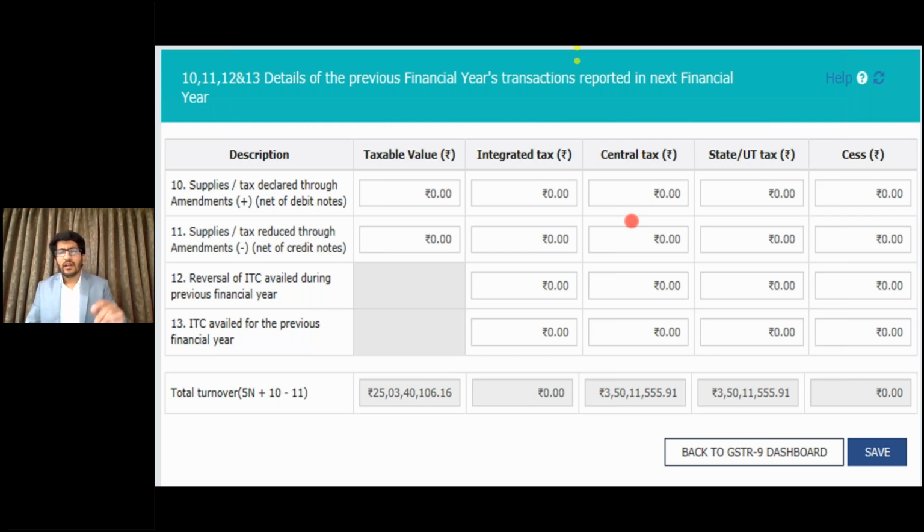Similarly, if any amendments I have made to supply or if any outward tax liability which was not reported through GSTR 3B of say 1819 is reported in 1920 already before filing annual return, the same needs to be reported in table 10 and table 11 only and not in table 4.